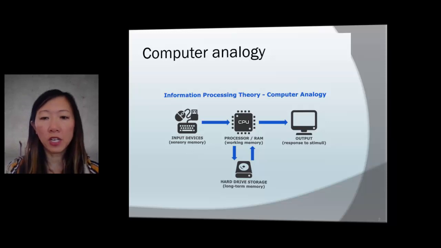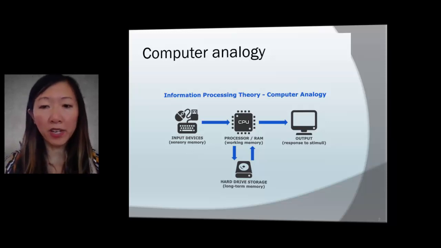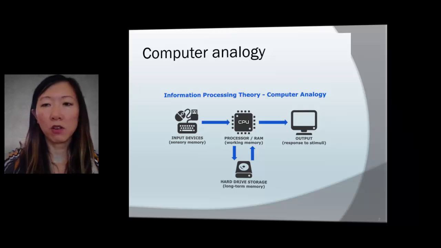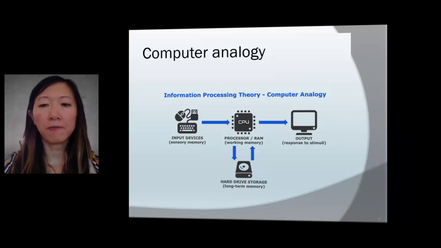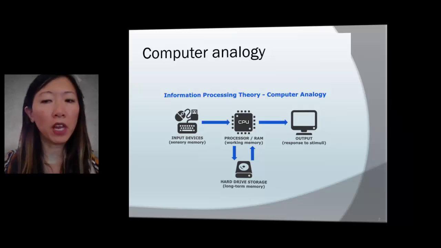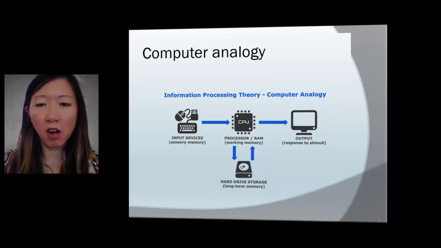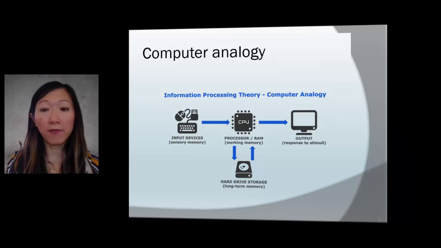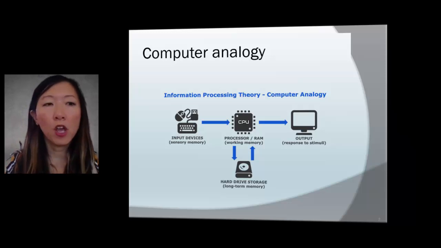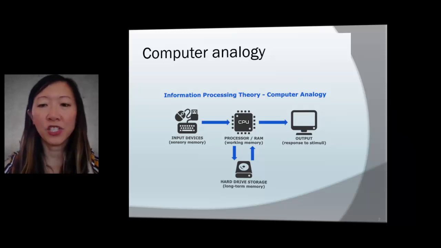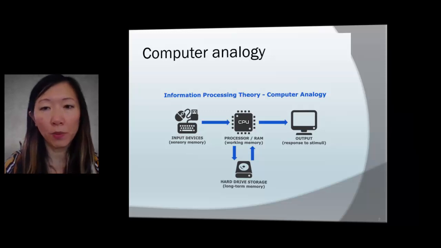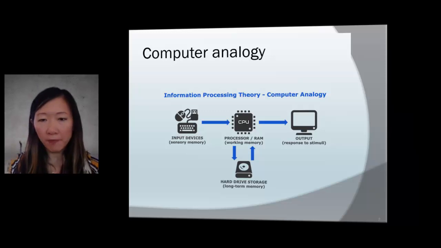Then the information, after being processed in working memory, is stored and then recalled from specific areas of our long-term memory, which is considered like our hard drive. This recalled information can lead to an output response, which is a response to the stimuli, which is what we see on our computer monitor.